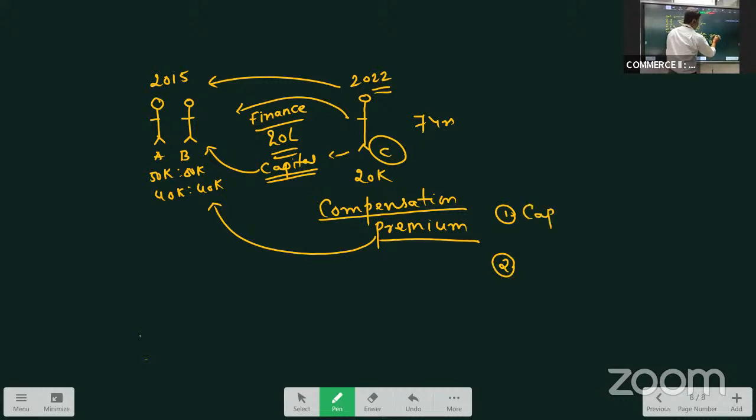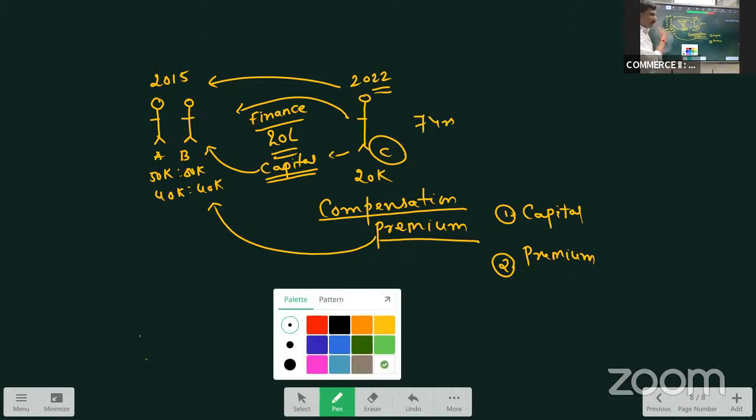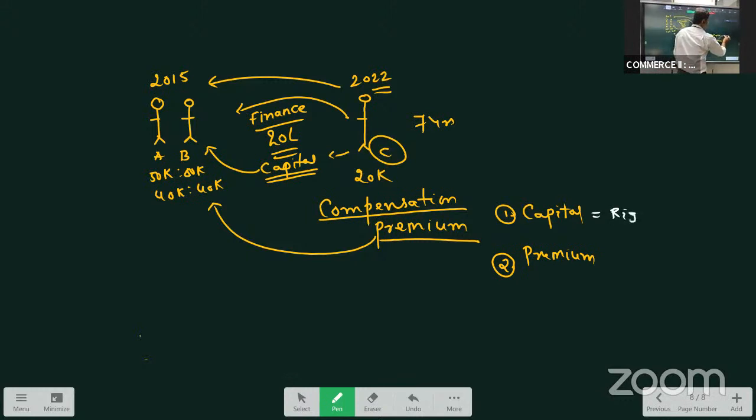One is capital and the other one is premium. For capital introduced, he will get rights on the assets of the firm.